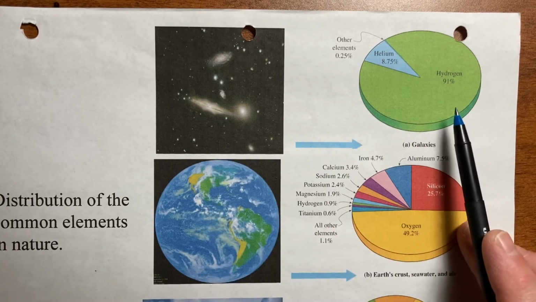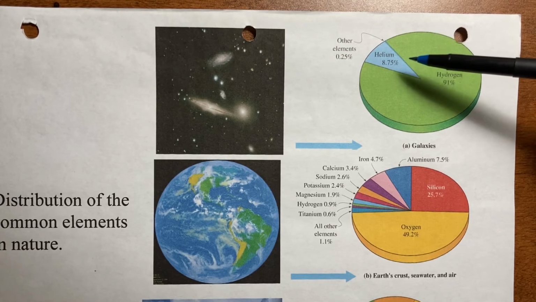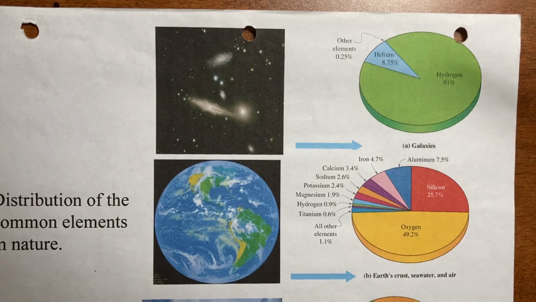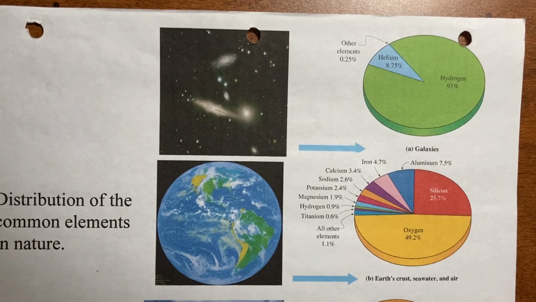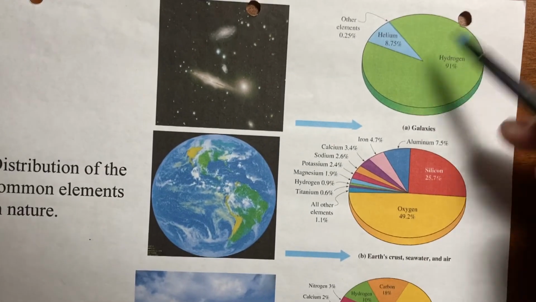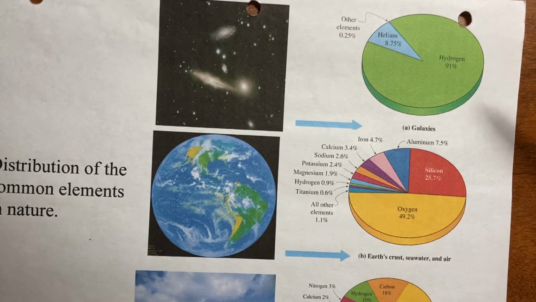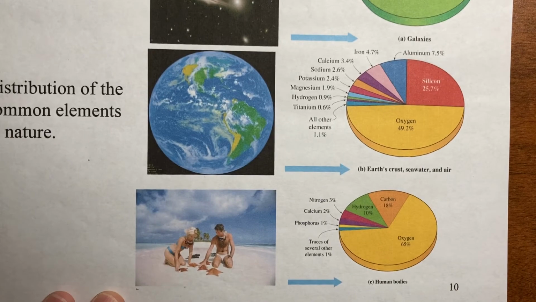Like I said, the entire universe is made up of 91% hydrogen and about 8.75% helium. All the other elements, believe it or not, are less than 1% of everything. And so that's a very low amount. Again, most of the known universe exists as stars, so that's why it's mostly hydrogen. A star is mostly hydrogen gas.